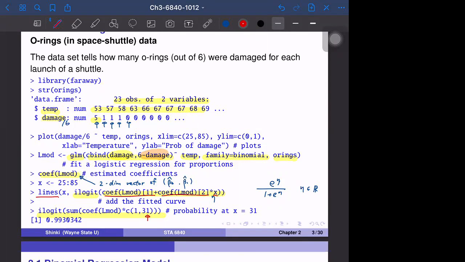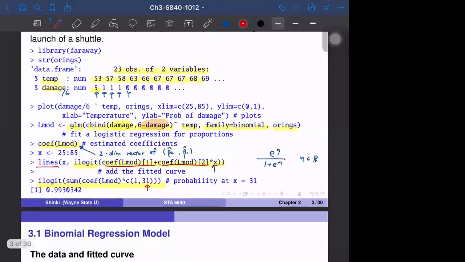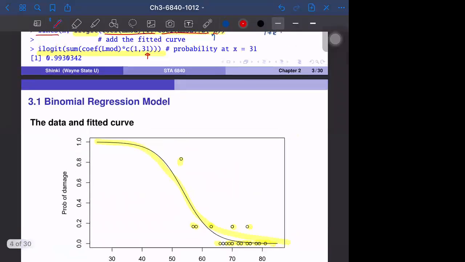In this case, the failure probability is 0.99, so more than 99%. So that's the reason that the Space Shuttle failed. Yeah, so this is the data description.